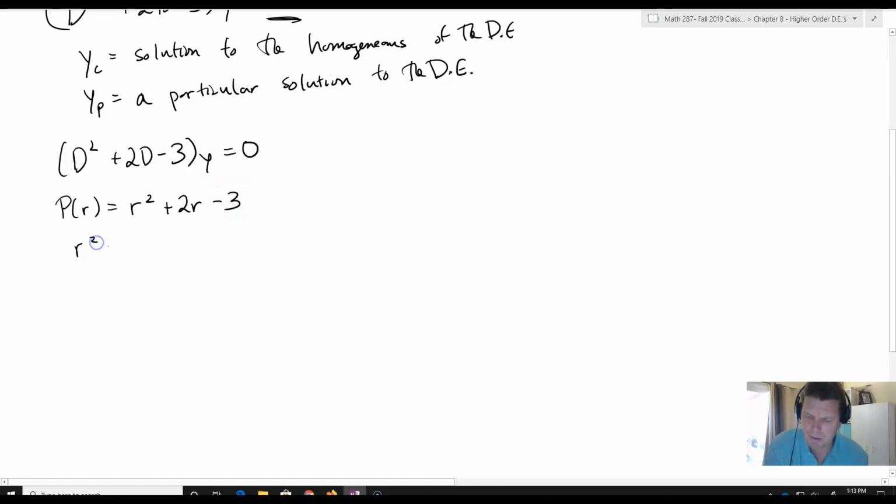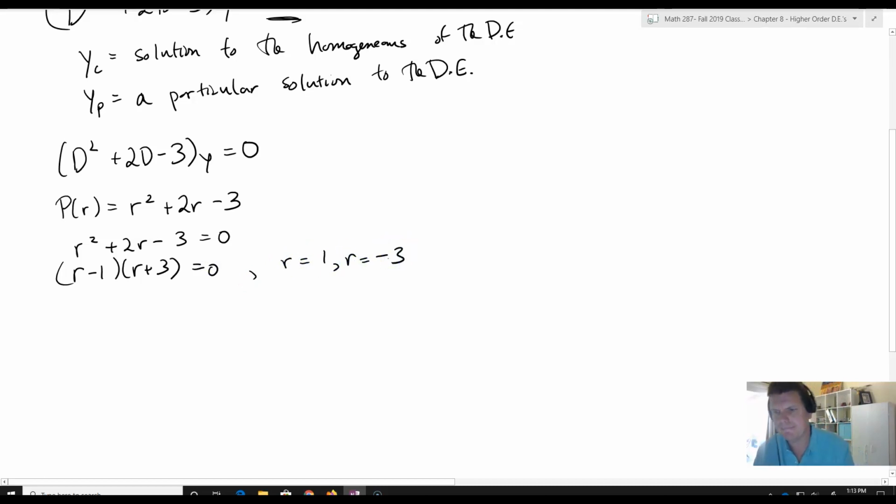We set that equal to 0, and this gives me (r minus 1)(r plus 3) equals 0. That gives me r equals 1 and r equals negative 3. Awesome. That's step one. So now my general solution, my complementary part, yc, is going to equal c1 e to the x plus c2 e to the negative 3x.